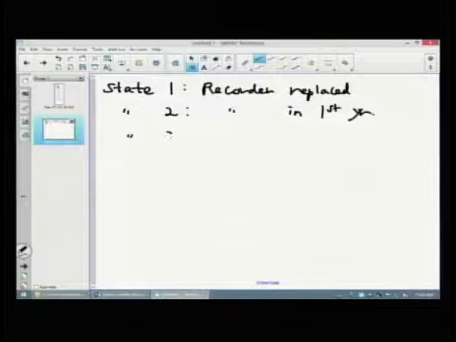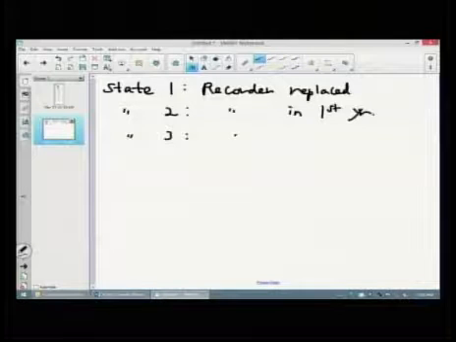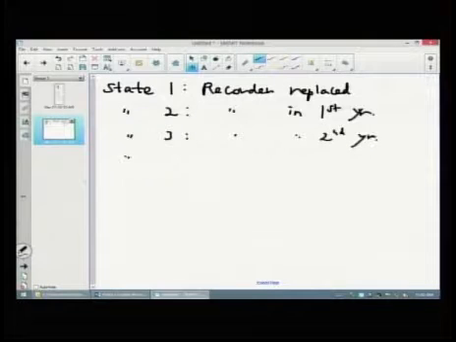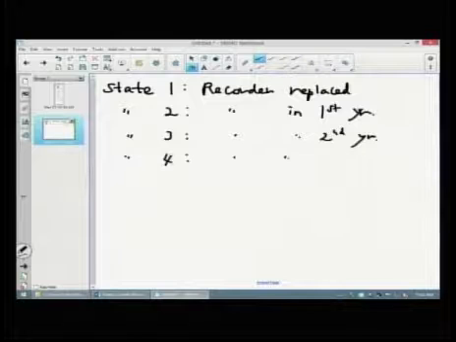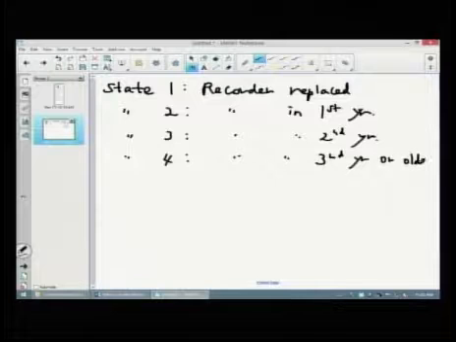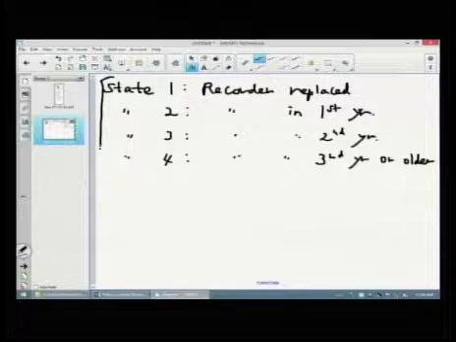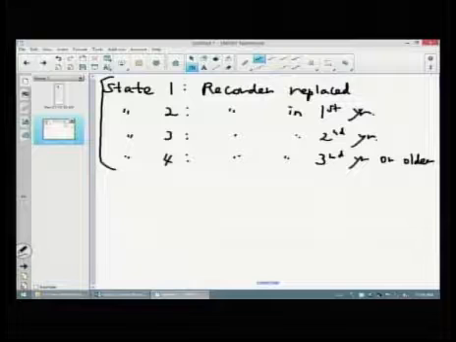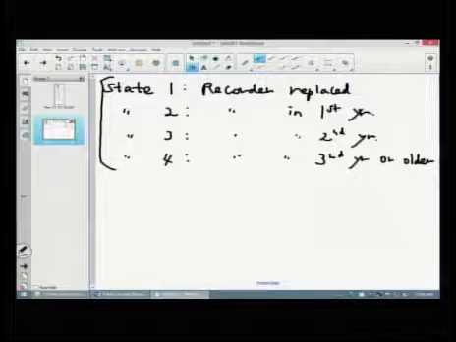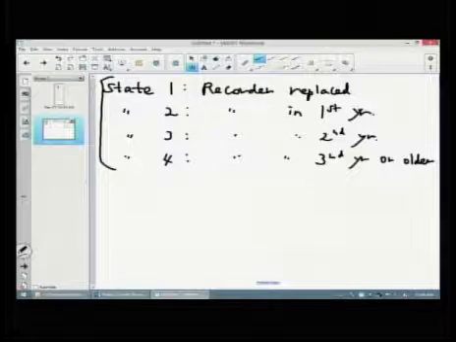State number 3 will be the recorder in the second year. State number 4 would be the recorder in the third year or older. So using these four states, let's construct the transition diagram and the one-step transition probability matrix.